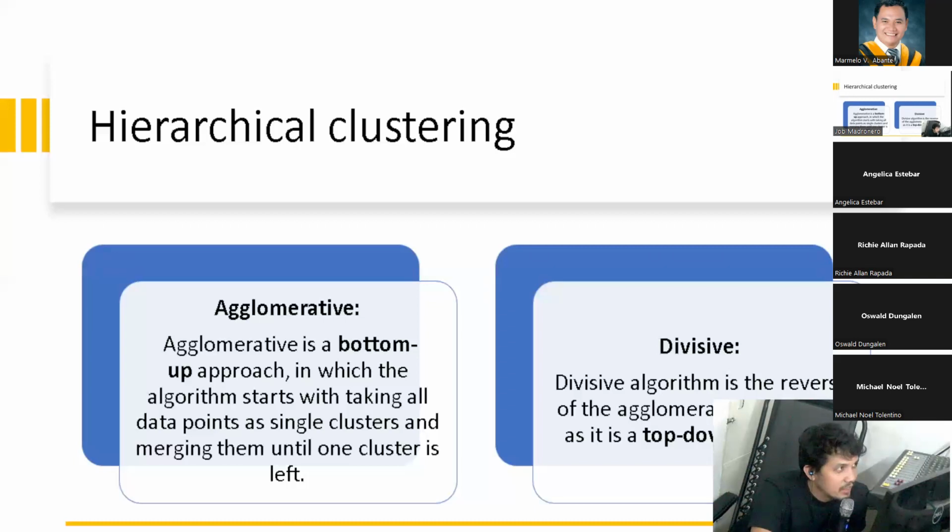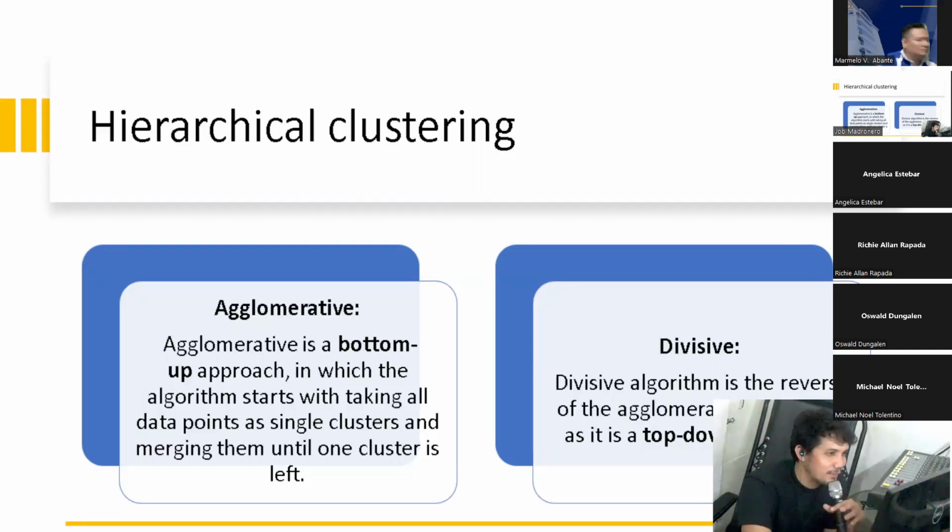So we have two clustering technique approaches. The first is agglomerative. Agglomerative is a bottom-up approach in which the algorithm starts by taking all the data points as single clusters and merging them until one cluster is left.